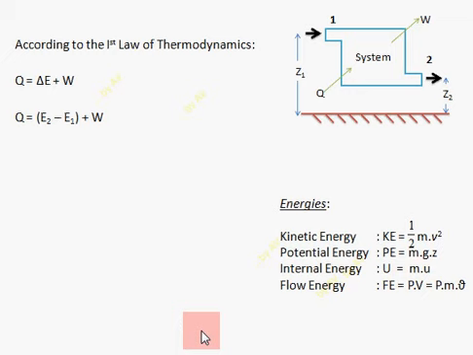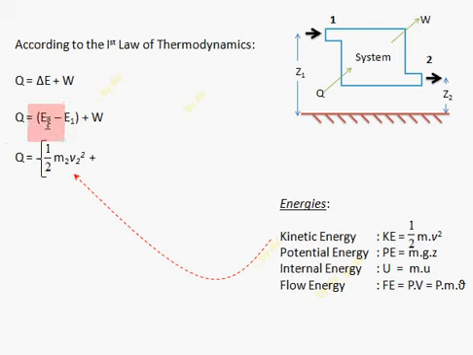So now we have seen all these four energy forms are responsible in the thermodynamic first law when a system is operated. So I am getting these four forms of energy into E2 and E1. Now Q is equal to, first let us write the E2, that is energy at the exit point. According to the diagram, 2 is at the exit point.